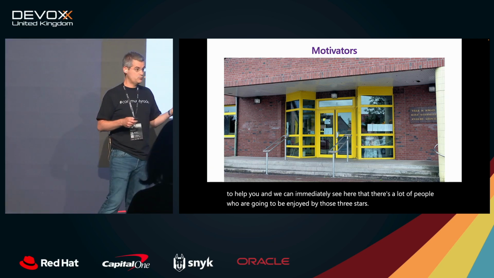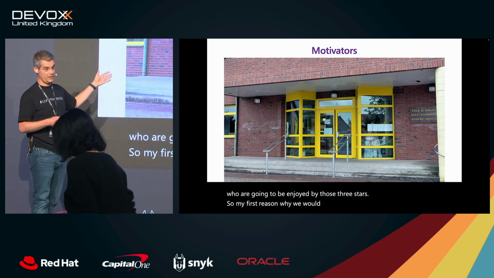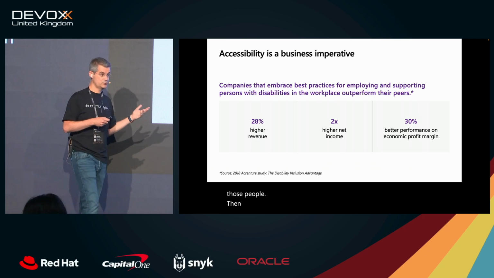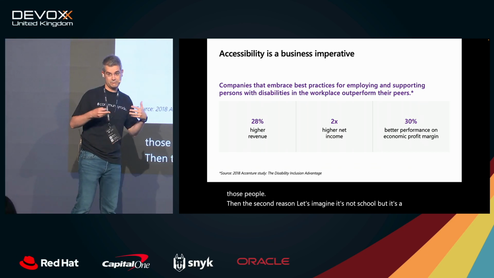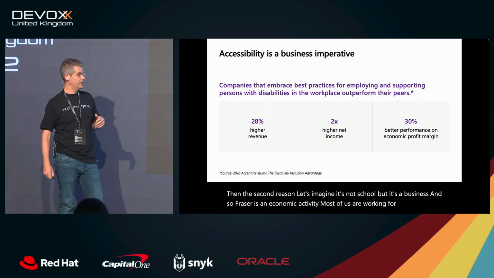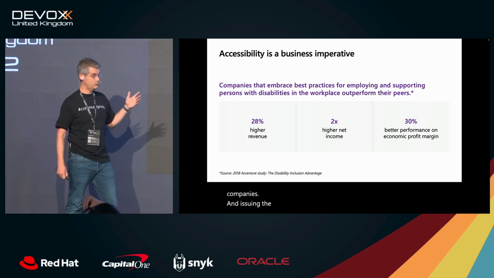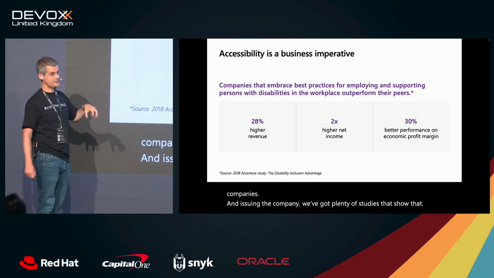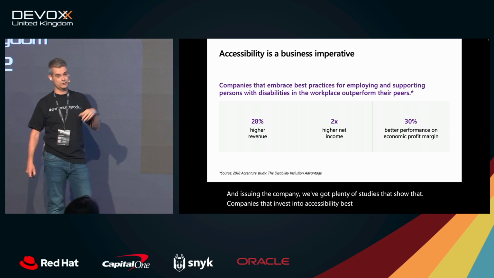So my first reason why we would do accessibility is because we care for all those people. Then there's a second reason. Let's imagine it's not a school, but it's a business. And software is an economic activity. Most of us here are working for companies. And if you're in a company, we've got plenty of studies that show that companies that invest into accessibility vastly outperform those who don't.